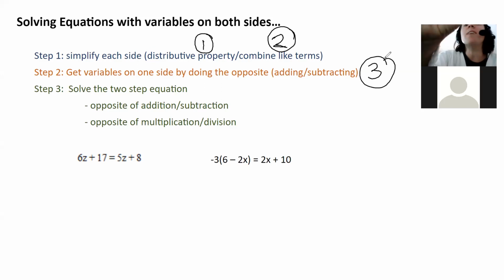So you're going to add or subtract the whole term to move it over. And we're just going to do one just to introduce it for you guys. So we first distribute, then combine like terms, then we get the variables on the same side. So let's do this first one here. Do we have to distribute in this first one at all?